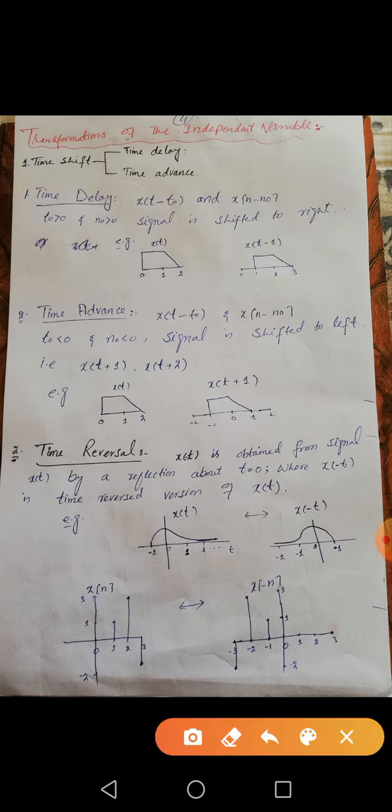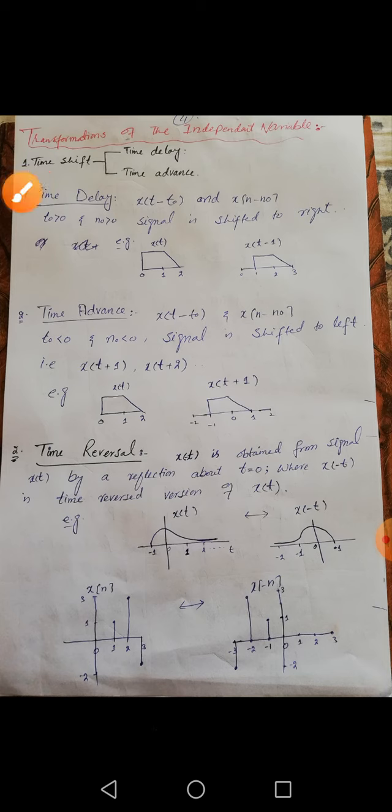So first of all, the first transformation that is named is time shift, and time shift has two types. One is time delay, the other is time advance. For example, let us study the time delay.